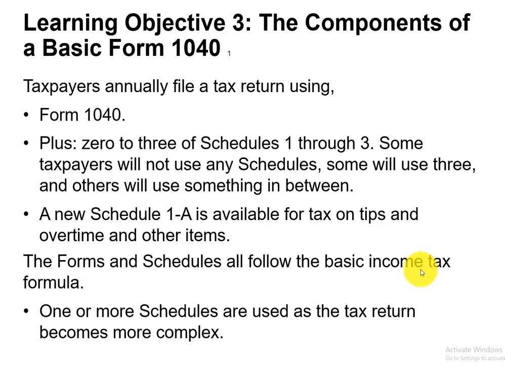So annually, everyone that has a certain amount of income, and there are exceptions, and we won't go into a lot of those, but everybody with income needs to file a Form 1040. All right, there's an example in your textbook.